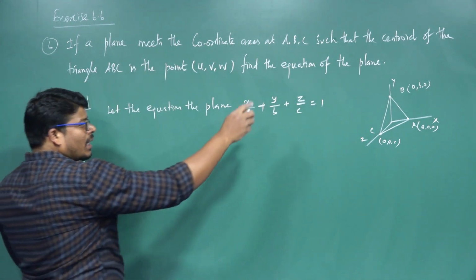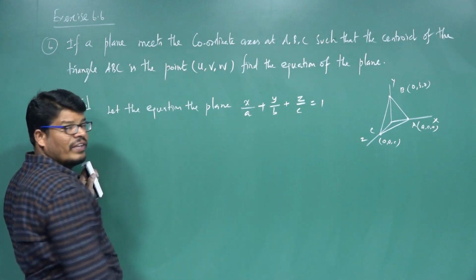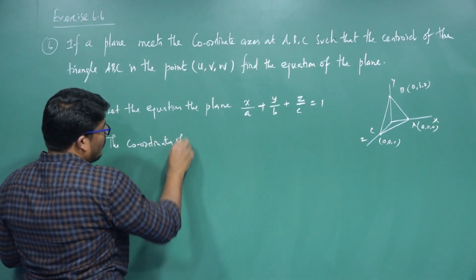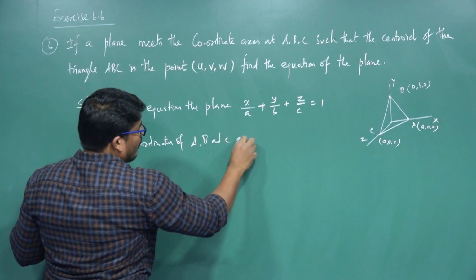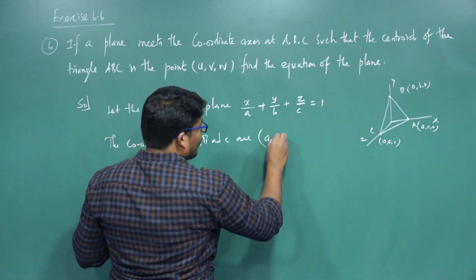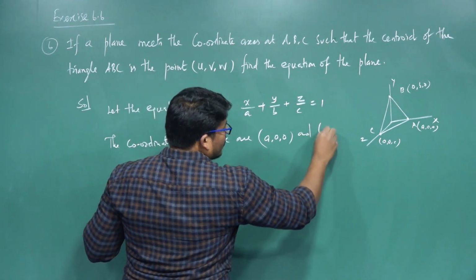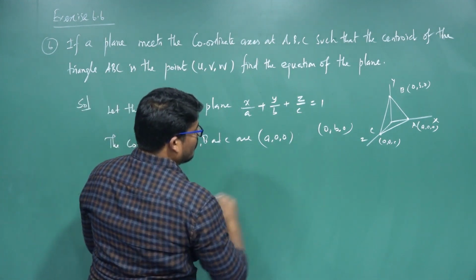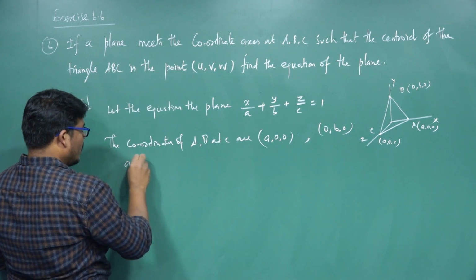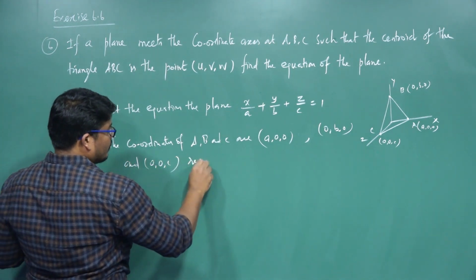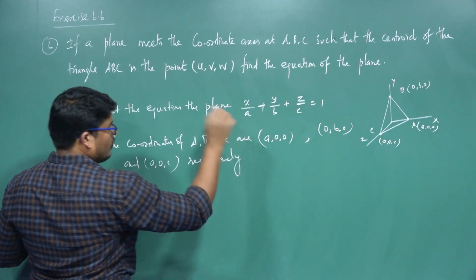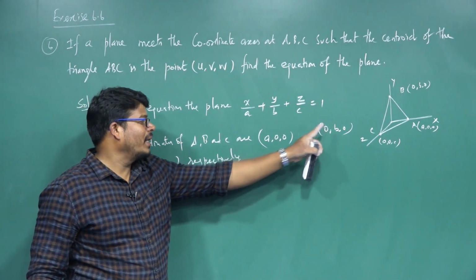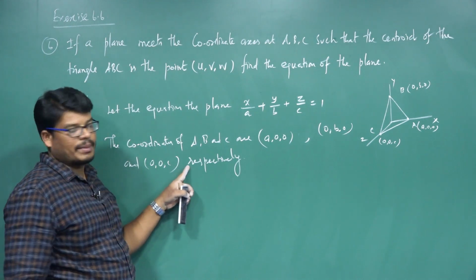The plane intercepts the axes, therefore the coordinates of A, B and C are A: a, 0, 0; B: 0, b, 0; and C: 0, 0, c respectively.